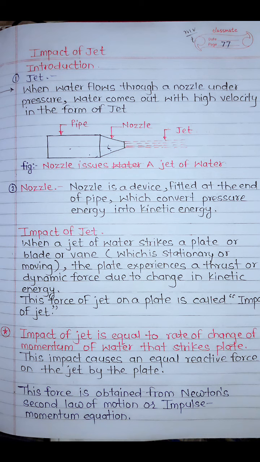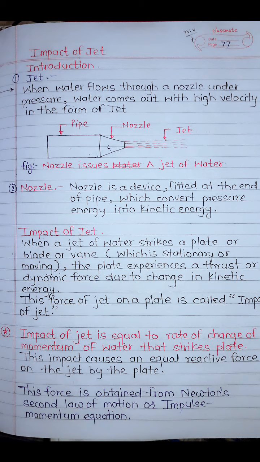Now, impact. Impact is nothing but the striking of one body over another body, and jet is nothing but the spout of water. In this figure, we can see there is one pipe, and at the end of the pipe one device is connected which is called a nozzle.